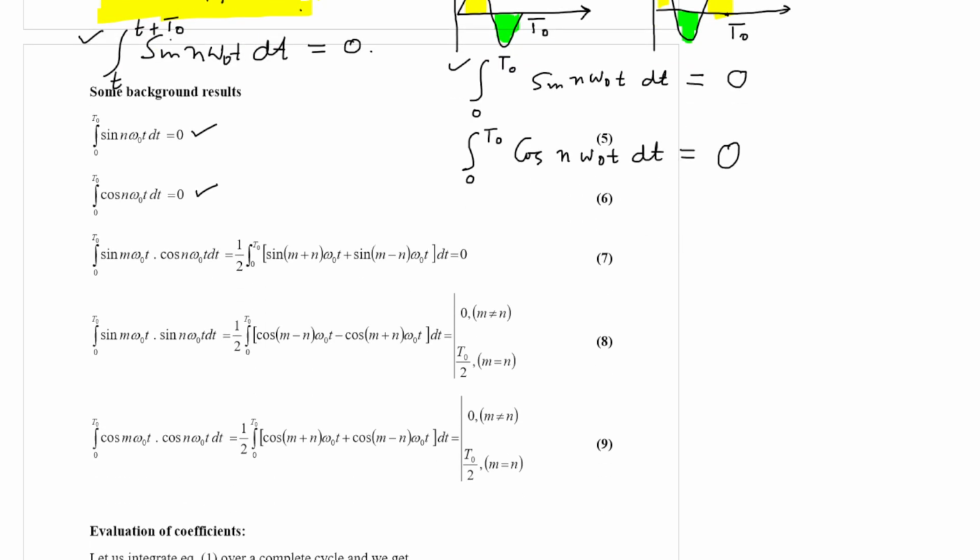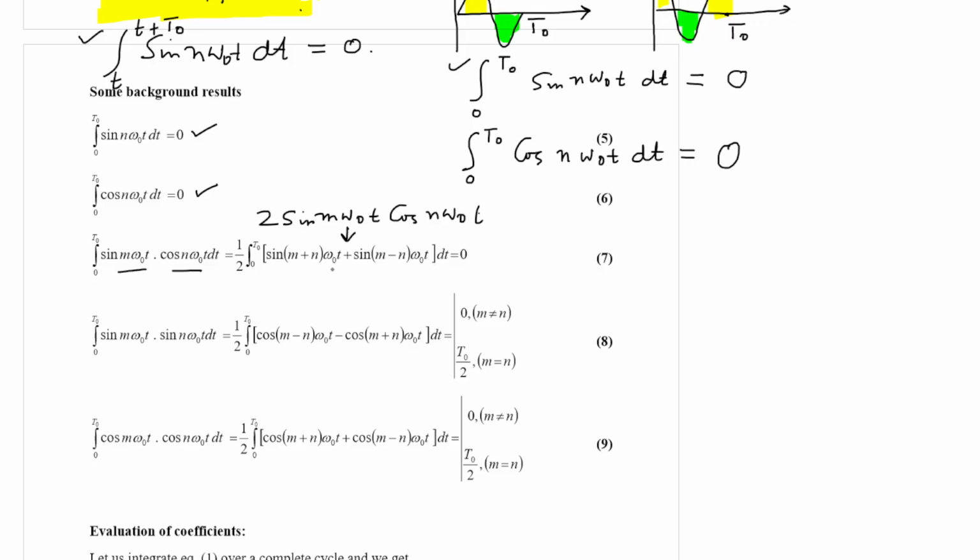Next, if we multiply sine m omega naught t and cosine n omega naught t, using the trigonometric identity, half into 2, it will be 2 sine m omega naught t cosine n omega naught t. And 2 sine cos equals sine of m plus n omega naught t plus sine of m minus n omega naught t.